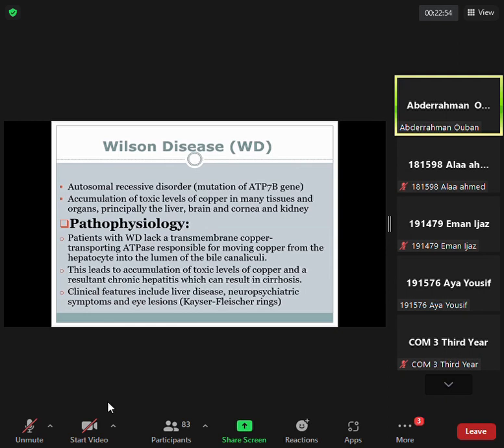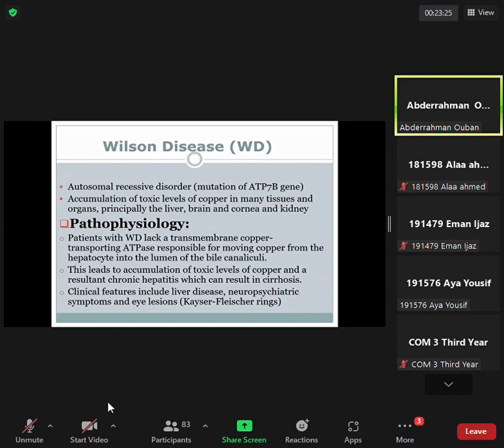It may result in, again, cirrhosis and eventually hepatocellular carcinoma in the long run, if the patient does not undergo chelation. But it may also be seen in very peculiar organs, such as the CNS, and also the eye, another very odd location for the accumulation of copper in those patients.